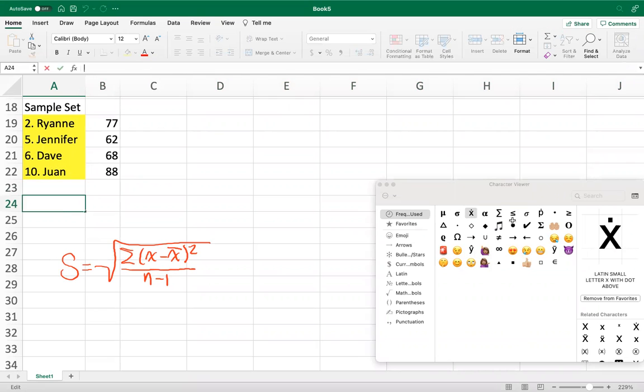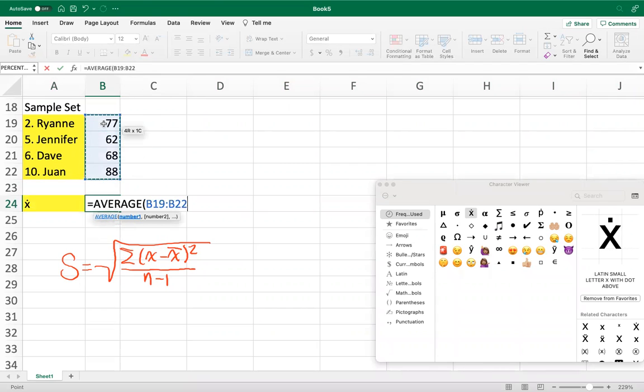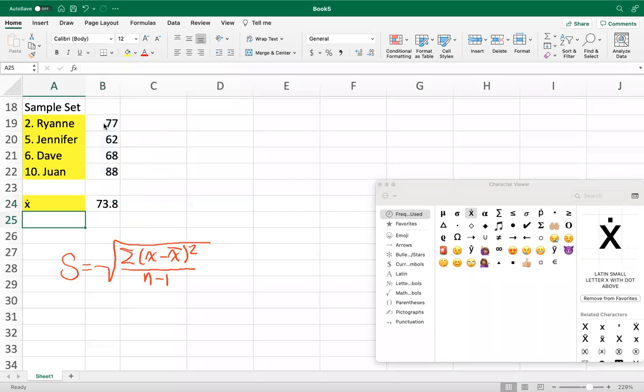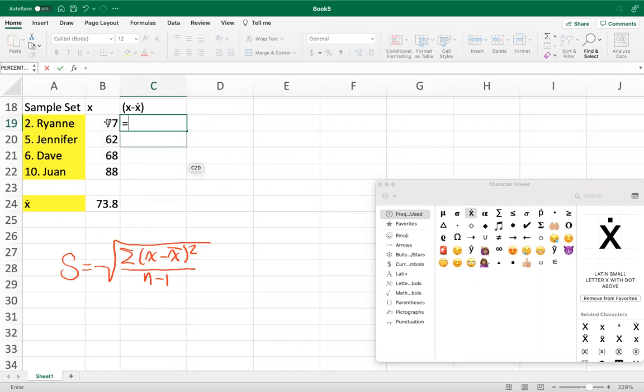The sample mean is going to be equal to the average of this data set. Perfect. Now that we have that, for all our values of x, we're going to find x minus the sample mean, equal to this value minus the sample mean.